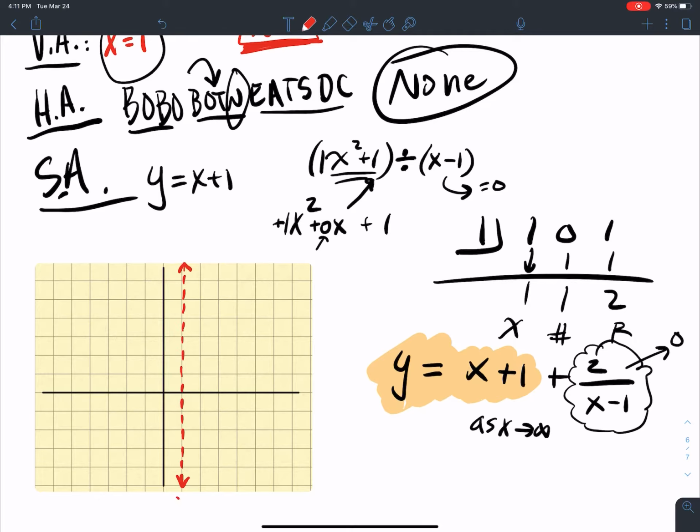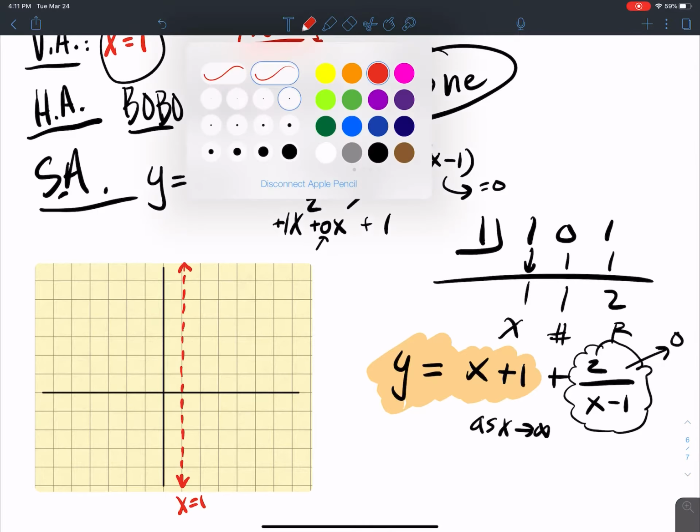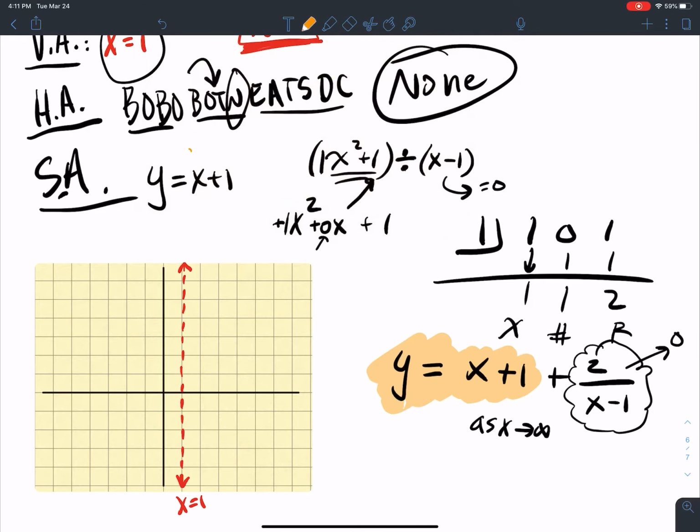Okay, that's x equals 1. Slant asymptote, the line y equals x plus 1. This passes through the intercept at 1, and it has a slope of 1. So, looks something like this.